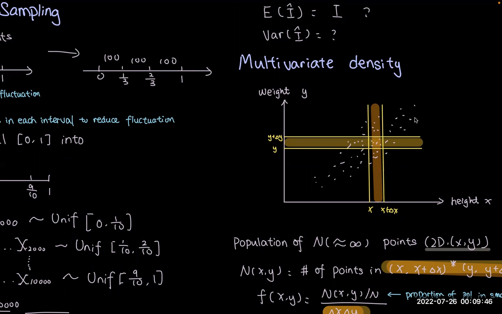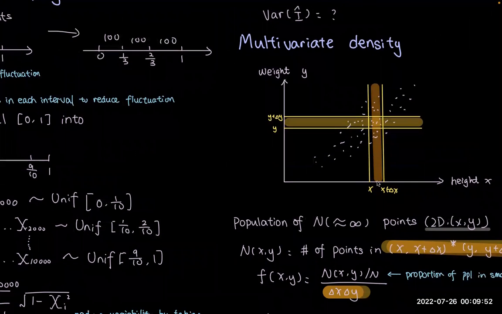This point cloud can be mathematically idealized as a density function. If you look at a small range, x to x plus delta x, say 6 feet to 6 feet 1 inch, and another small range, y to y plus delta y, say 160 pounds to 161 pounds, they cross a small cell.